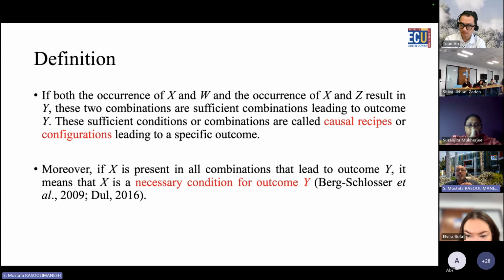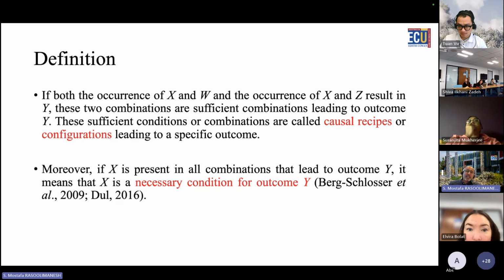And there can be more than one combination of factors, different from the symmetrical approach. But if X is repeated in all sufficient configurations or causal combinations that we have, we call X a necessary condition for generating the outcome.